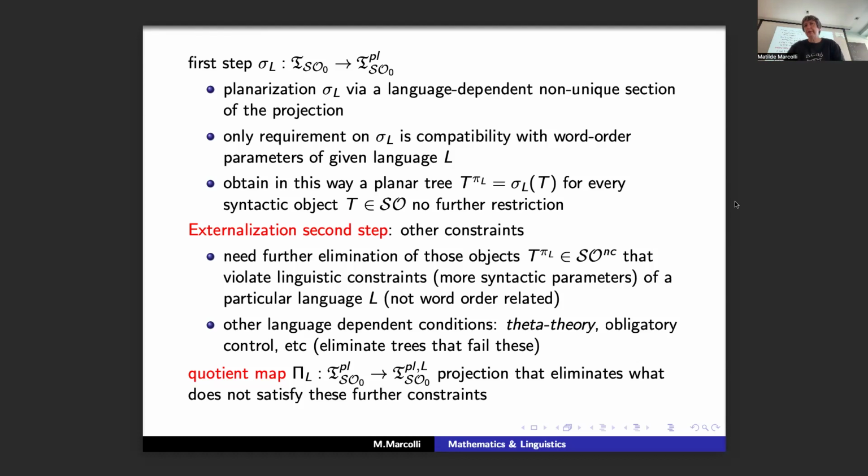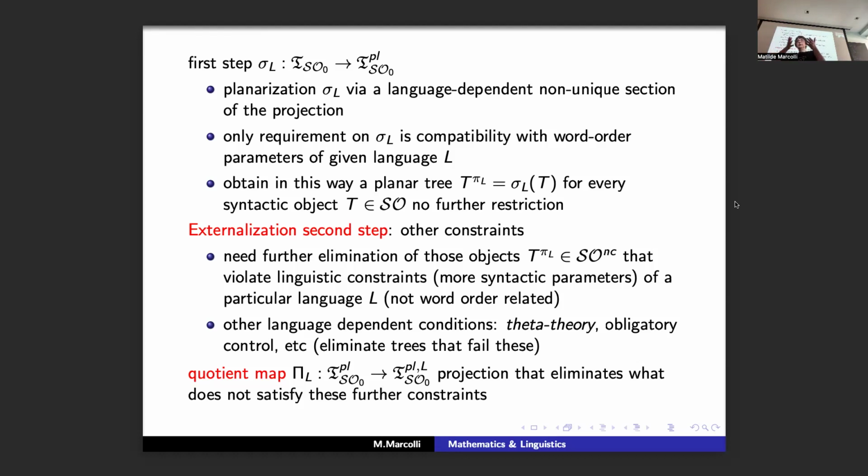Okay, so there is this lifting of your non-planar trees to the choice of a particular language-dependent planarization. And then there is this quotient map that just eliminates things that are not viable in that particular language because they violate certain other language parameters. Like the example I was discussing at the end of last time with the cross-serial dependent structure in Dutch, you have to make this verb raising movement twice, using an internal merge to get to the right cross-serial form.